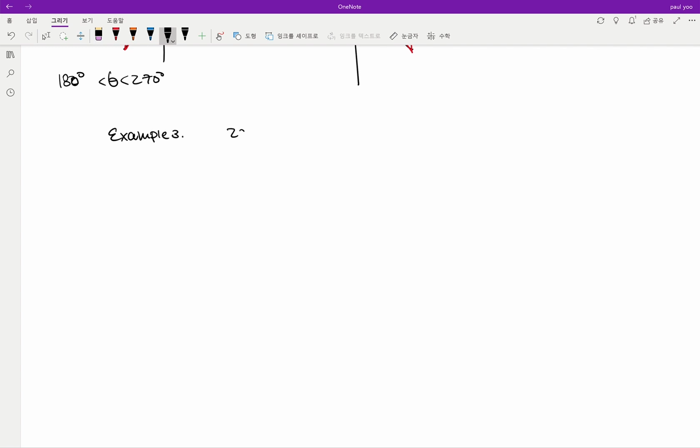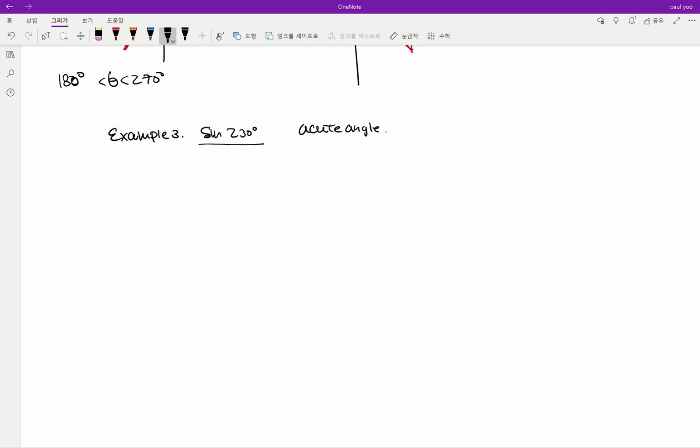Write 230 degrees as a function of an acute angle. Now, sine of 230 degrees.